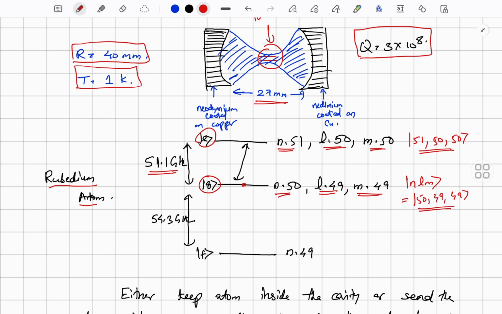So if you have a cavity which has a resonant frequency around 50 or 51 gigahertz, then the cavity will be in resonance with the transition between G and E, and the transition between G and F would be very minimal.